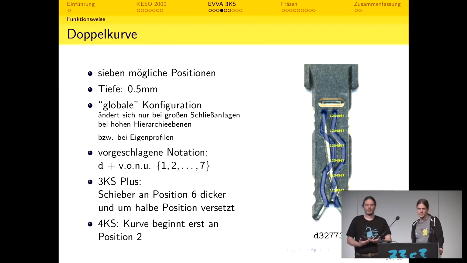For example, 3KS key service will receive for their area an exclusive own profile, and they receive key blanks and have the exclusive license for that area.